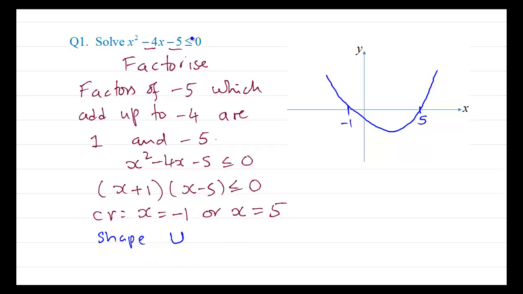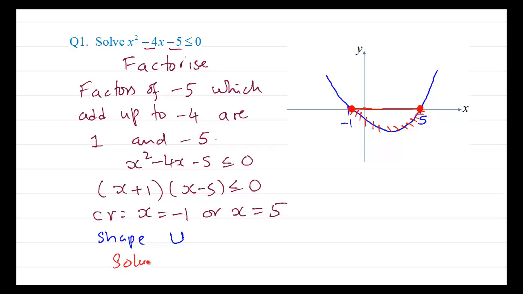Then, because the inequality sign says less than or equal to 0, you shade below the x-axis. So this is the part of the curve we need. The corresponding values of x start from minus 1 and stop at 5.